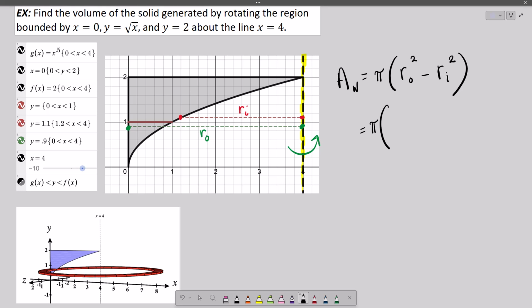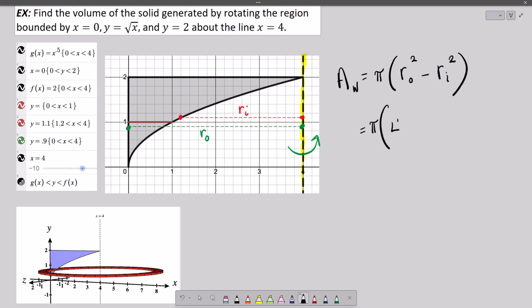The right x is 4. The left x is 0. And you can see, no matter where you draw your horizontal rectangle here, this distance is always 4, because this is vertical. We're essentially saying, what's the distance between this vertical line and this vertical line? 4. That is the distance.